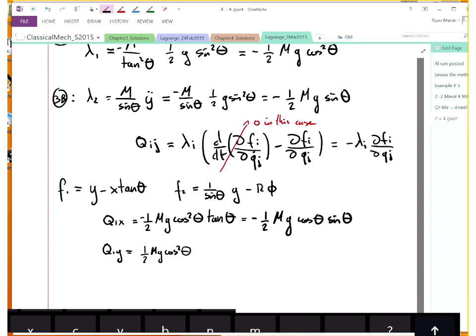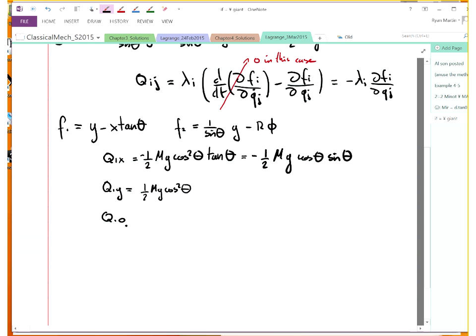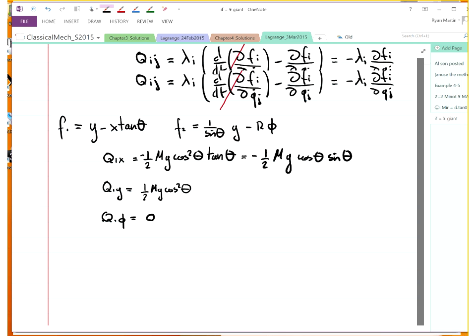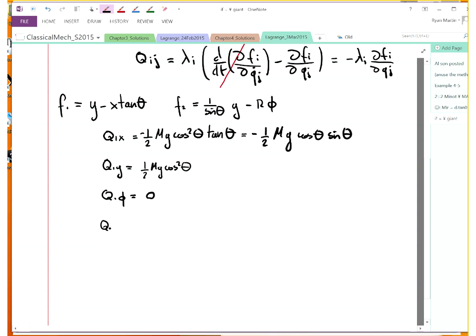So all the signs are wrong in the notes. That should be it, so that's the answer for Q1y. Now Q1 phi. That's minus lambda 1, so again a half mg cos squared theta, times ∂F1 by ∂phi, but F1 doesn't depend on phi, so ∂F1 by ∂phi is 0, and so Q1 phi is 0.